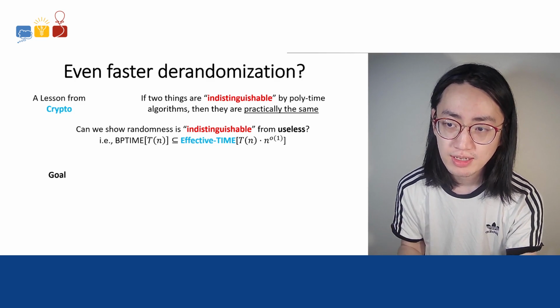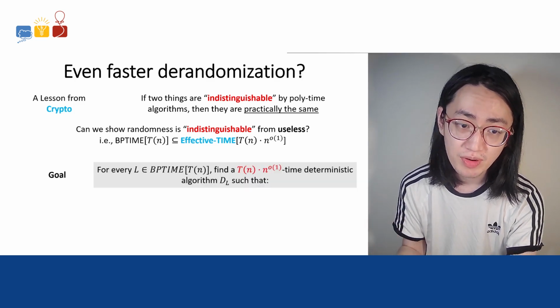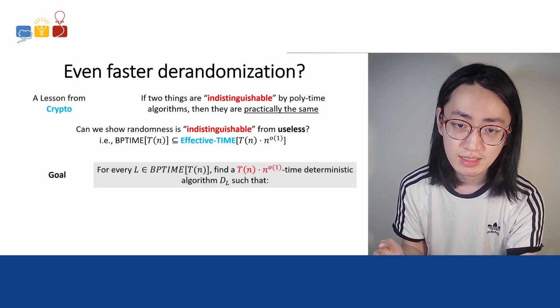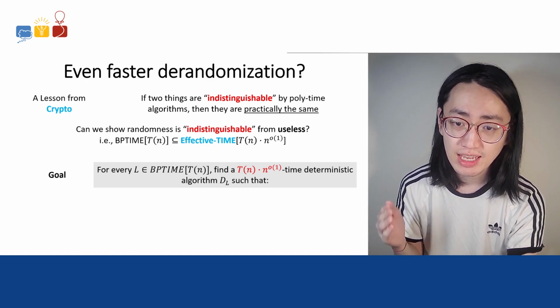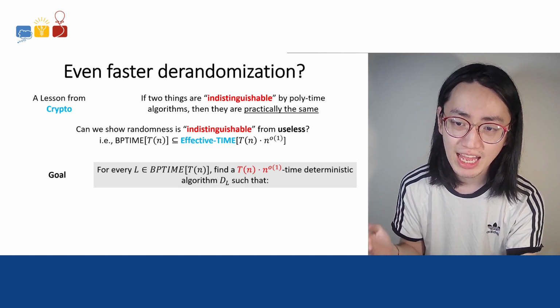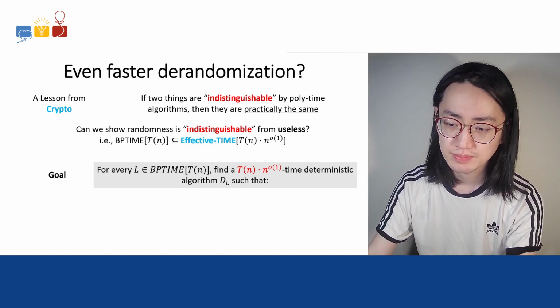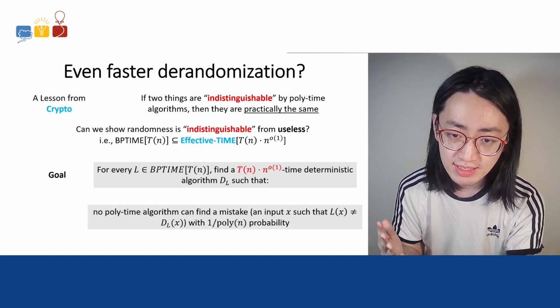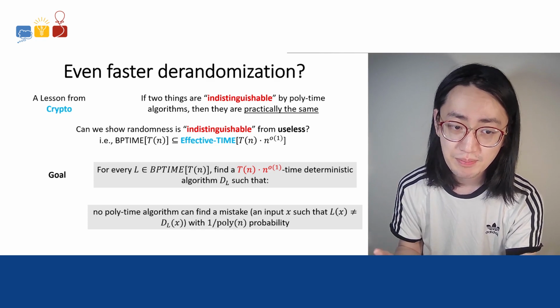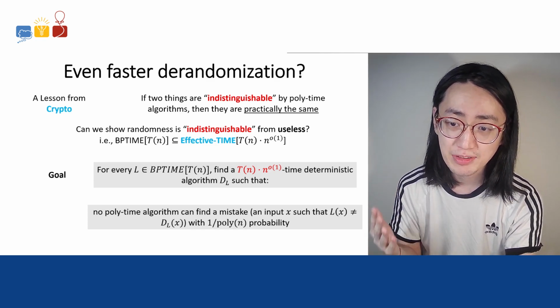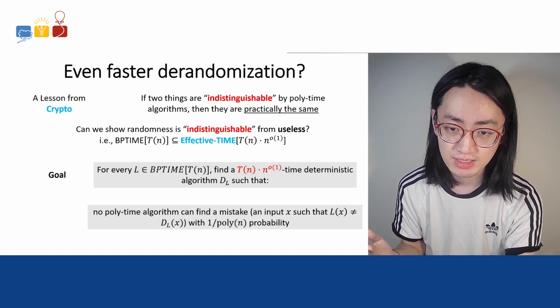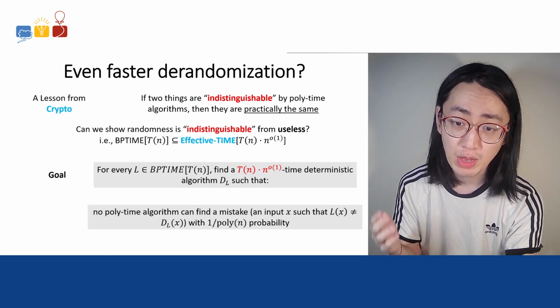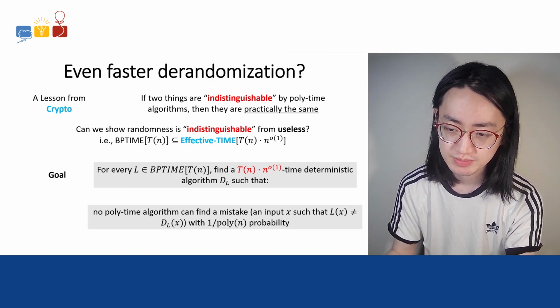So formally, the goal is that for every problem L computable by randomized T(n) time algorithms, we want to find a T(n) · n^o(1) time deterministic algorithm D_L, such that no polynomial time algorithm can find a mistake, meaning an input x such that L and D_L differ, with at least 1 over polynomial probability.